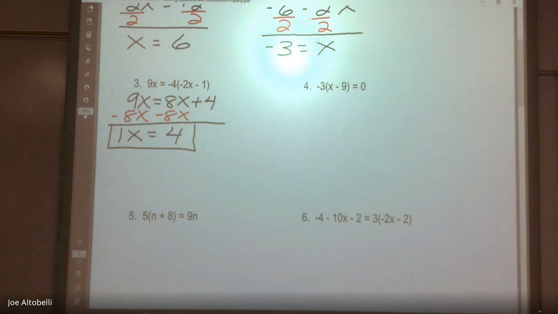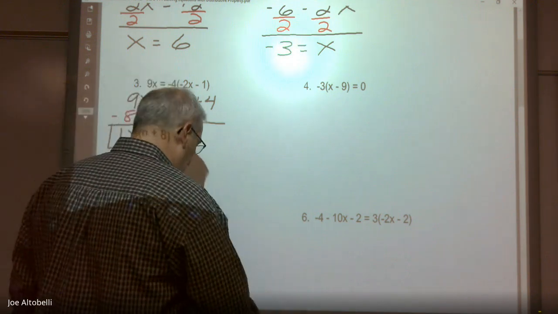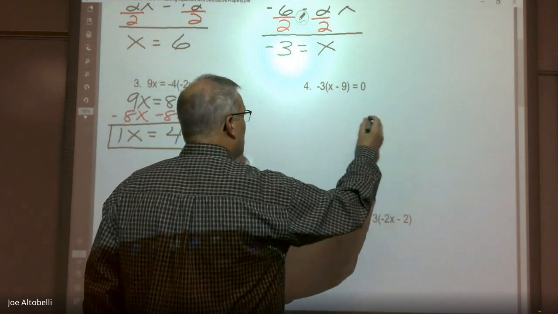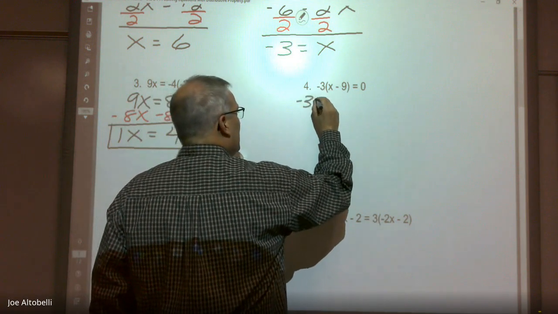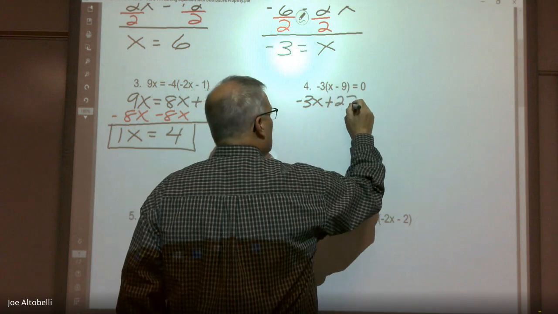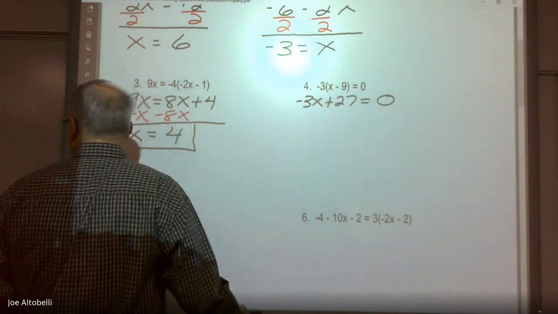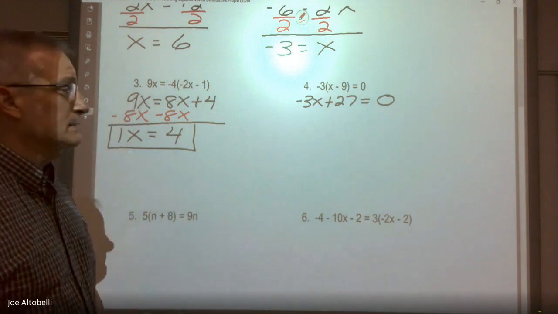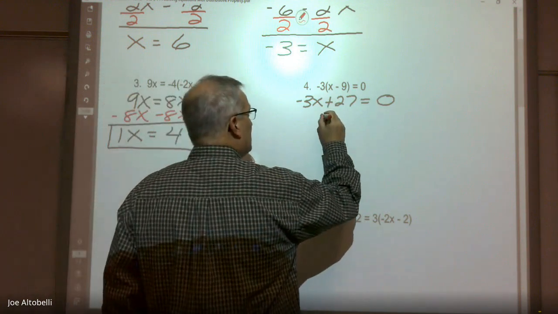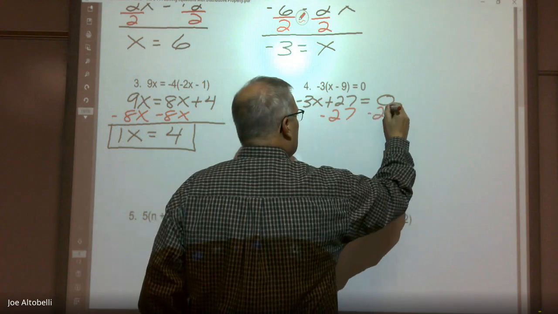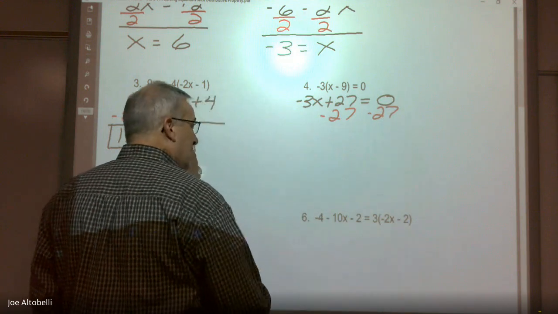Number 4, again, distributive property. Hopefully you've recognized the theme here. Distributive property, so we go negative 3x plus 27 equals 0. That is now a 2-step equation. So we're going to subtract 27 from both sides.